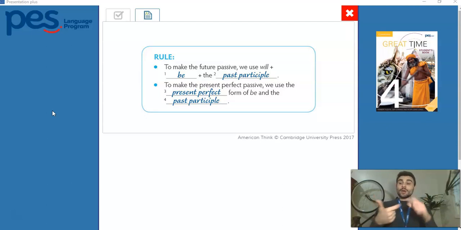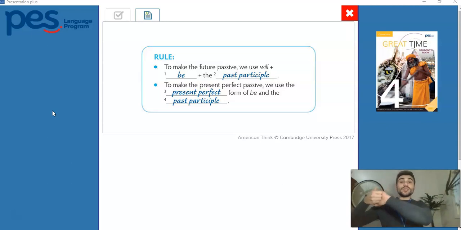But now we are connecting the second idea, which is the passive form. So I need to respect the rules of the verb tense and the time, the future and present perfect rules, but I need to connect the passive rules with them. So it's not like, if it's future, it can't be passive. No, we need to connect these two things.